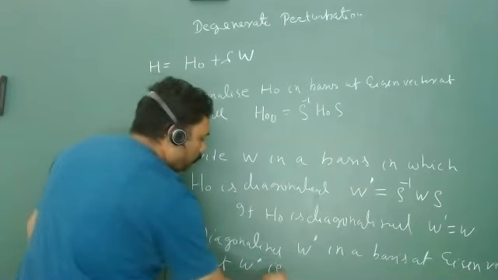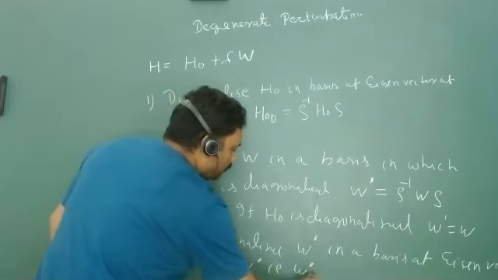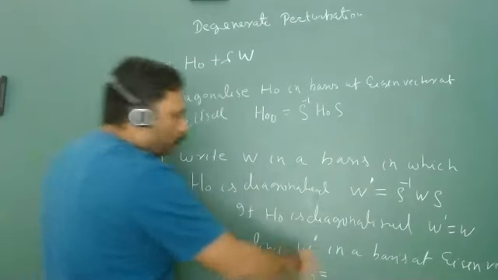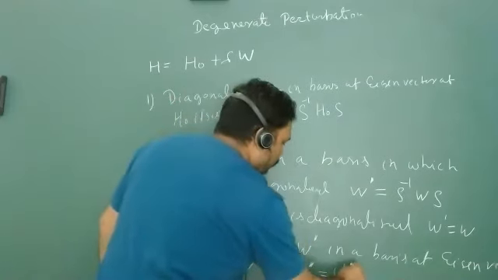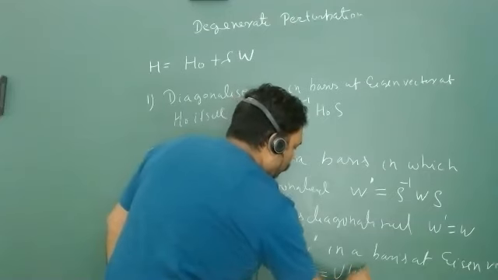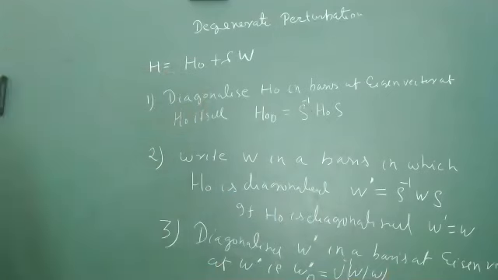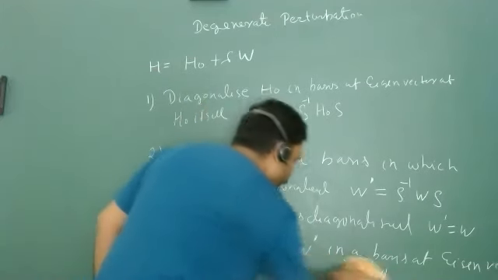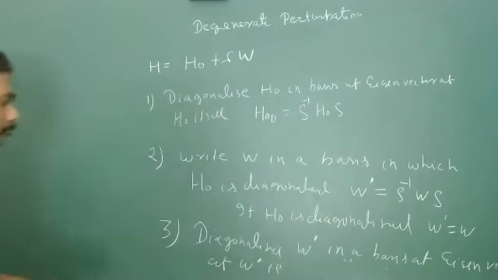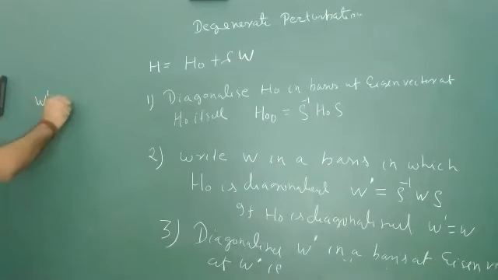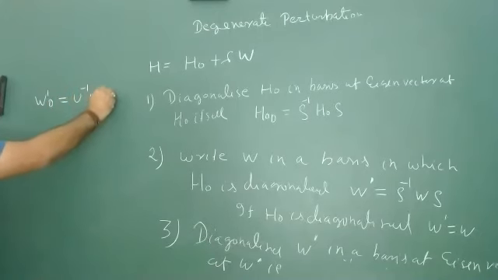So you will find W dash D is equal to some new matrix, U inverse W dash U.